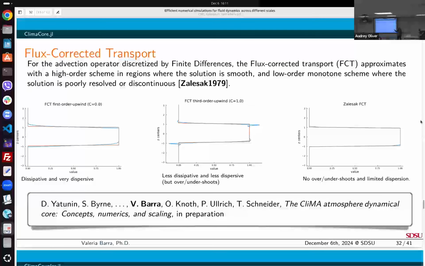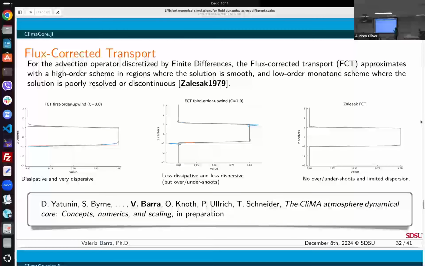And I covered some of these properties today in class, so some of my students might recognize that this method is very diffusive. So it has a lateral shift of the wave. It is just a little bit dispersive. That's not a problem. On the other hand, this one here, which is third order upwind, is less diffusive and less dispersive, but it does exhibit these undesired overshoots and undershoots.